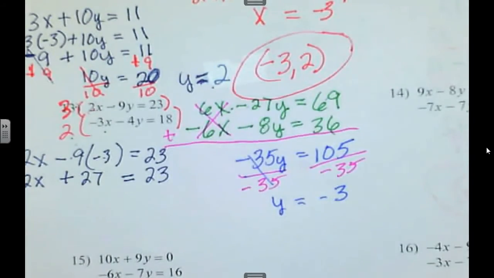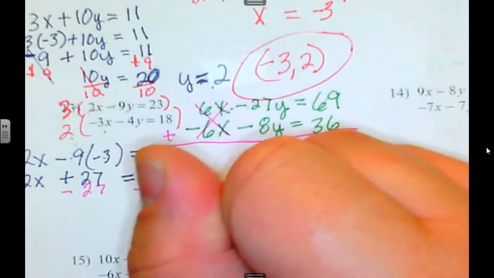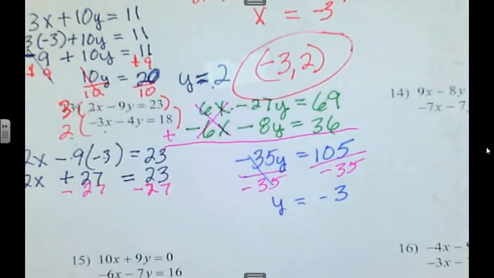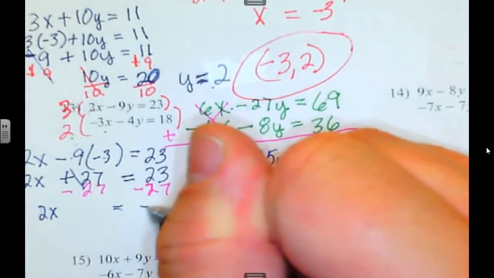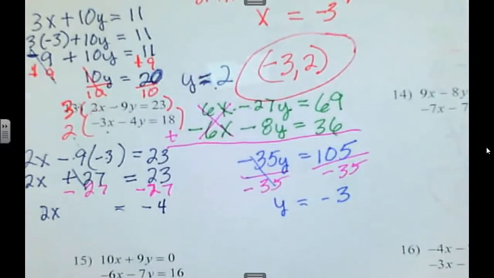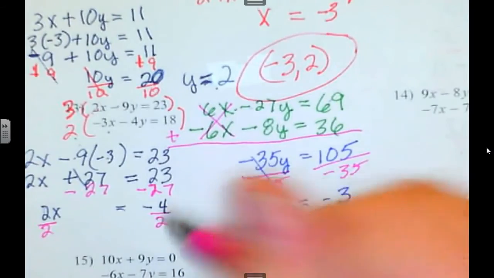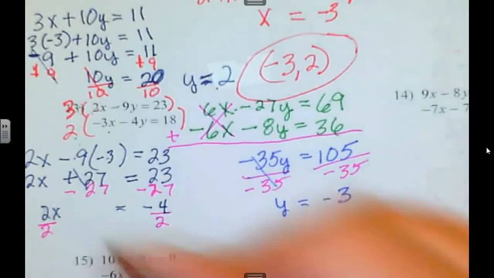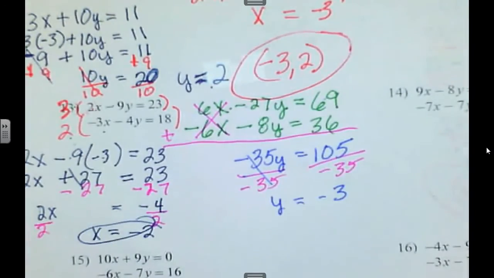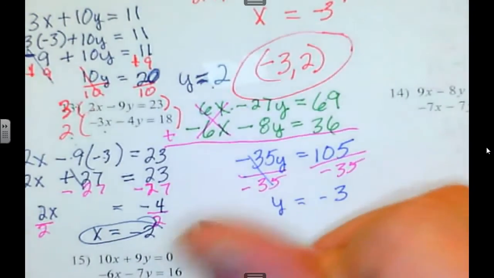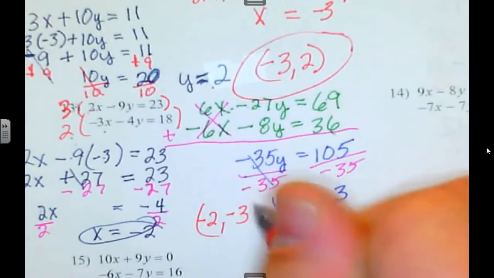Subtract 27 from both sides. So I get 2x equals -4. So what's x equal? -2. So my answer, -2 is my x, -3 is my y.